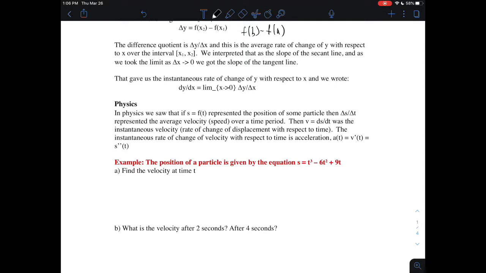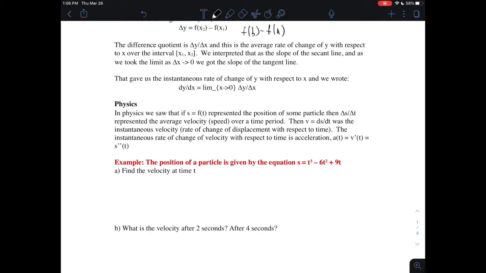And then we called v equal to the derivative of s with respect to t the instantaneous velocity, meaning the rate of change of displacement with respect to time. The instantaneous rate of change of velocity with respect to time is acceleration, which meant that the acceleration at time t is equal to the derivative of the velocity at time t, which is equal to the second derivative of the position at time t.